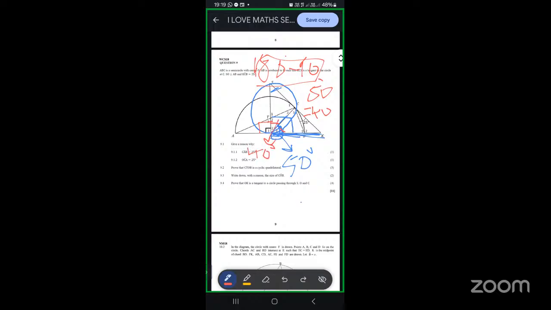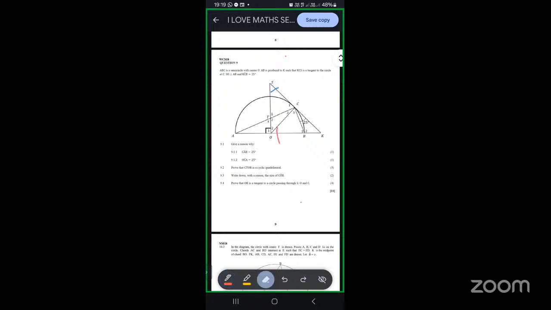Okay, let me remove this mess. We found that this angle here is 40, and this one is 50. Now let's try to find that angle S there.